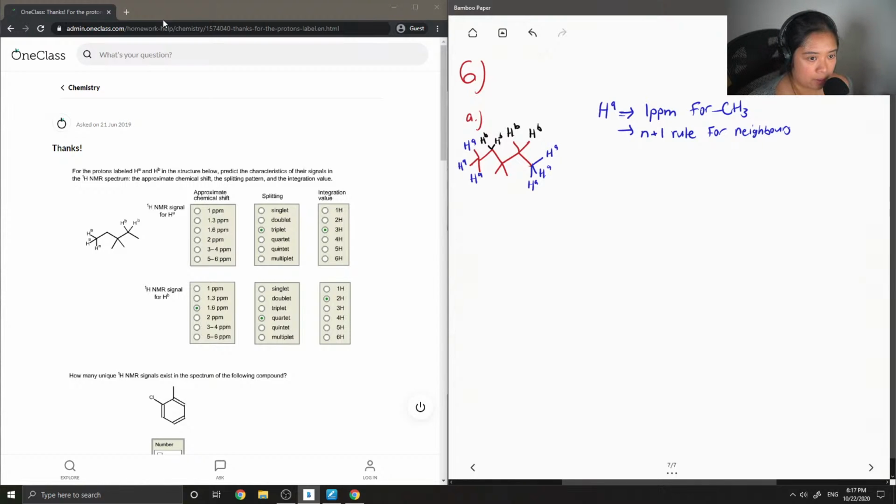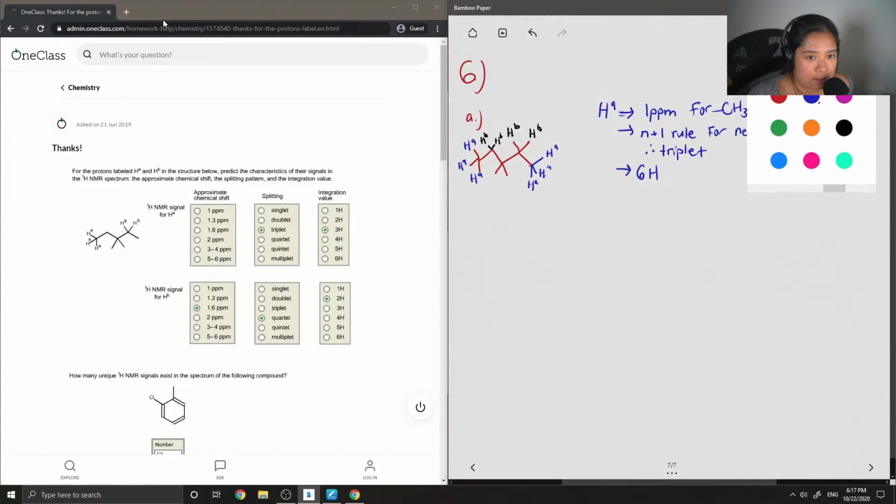So if we do n+1, you'll get a triplet as the splitting. And then lastly, for the integration value, there are 6 HAs present, so therefore its integration is 6H.